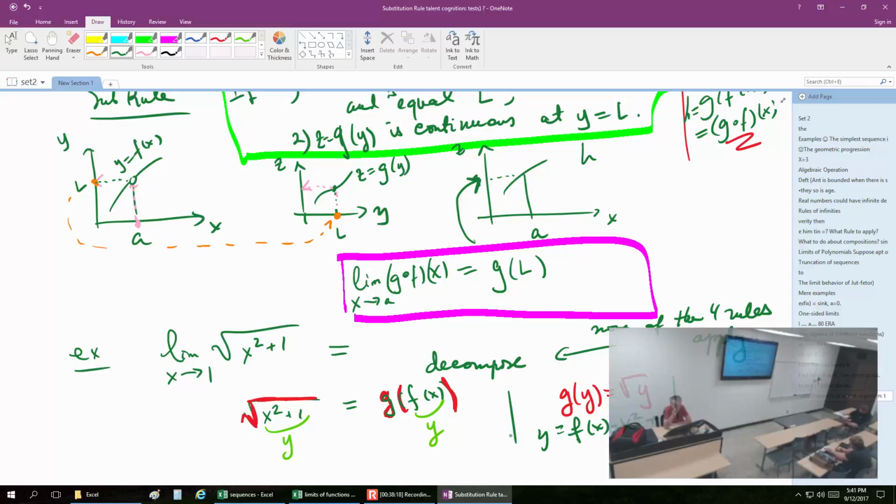And then we look at these functions and ask ourselves, what do we know about these functions? We know that we're going to use the substitution rule, so continuity becomes an issue, and fortunately both of them are continuous. This is a polynomial, so you have to use some reference words in order to justify your steps.